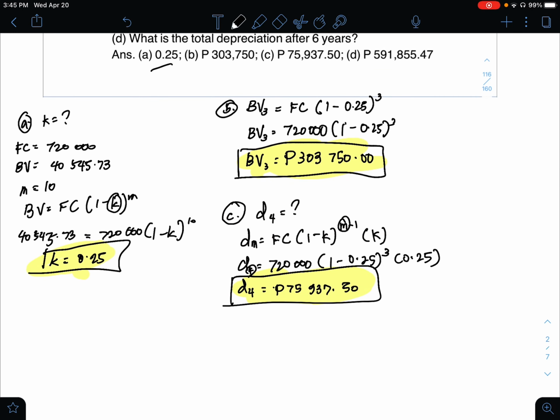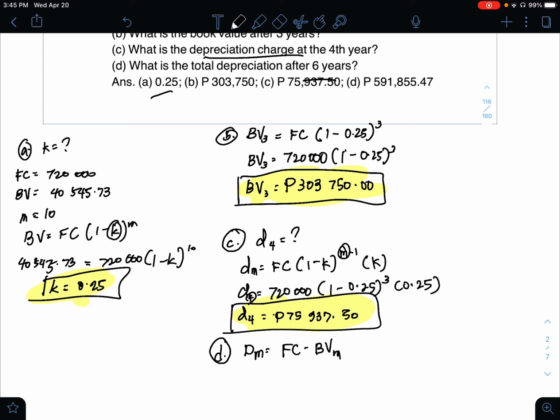Okay, so the formula for BVm is this. BV at 6 is equal to first cost, which is 720,000, times 1 minus 0.25 raised to the power of 6.